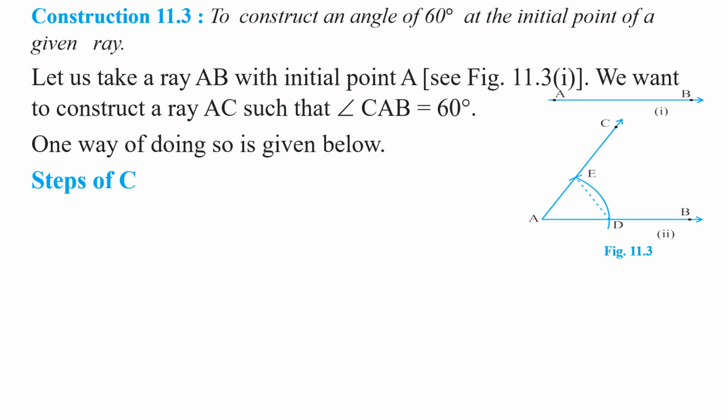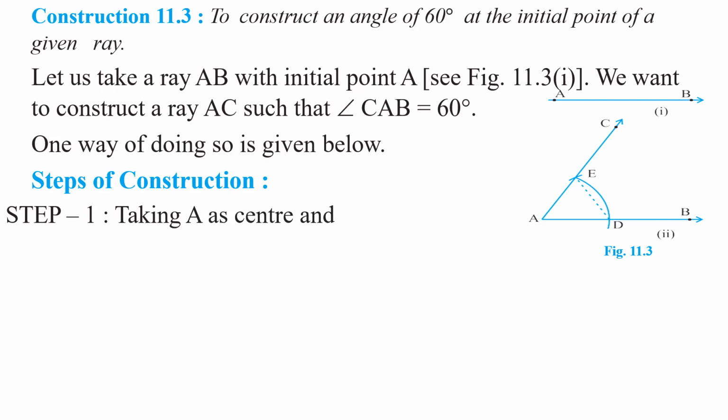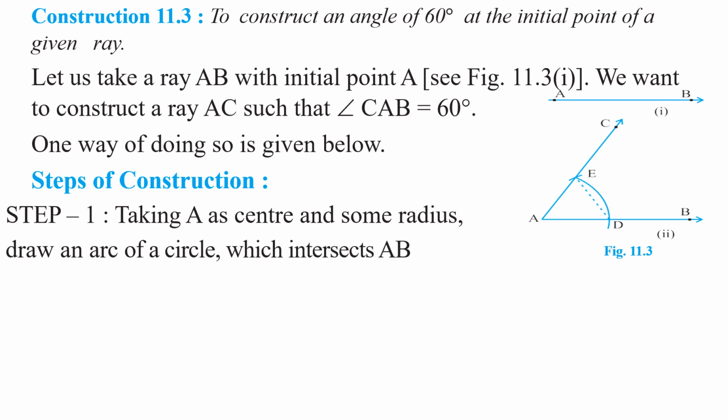Now come to the steps of construction. Step 1: Taking A as center and some radius, draw an arc of a circle which intersects AB, say at a point D. This is the first step.